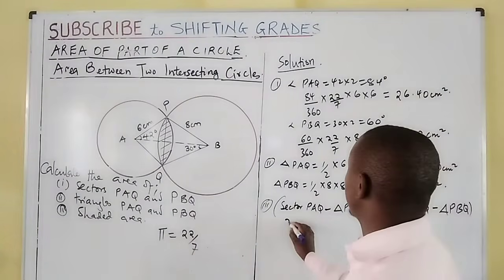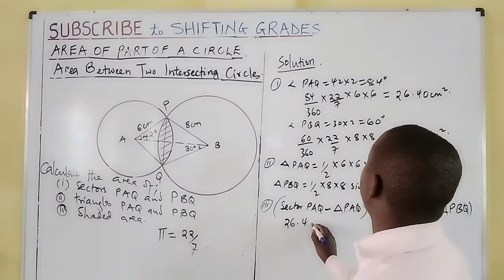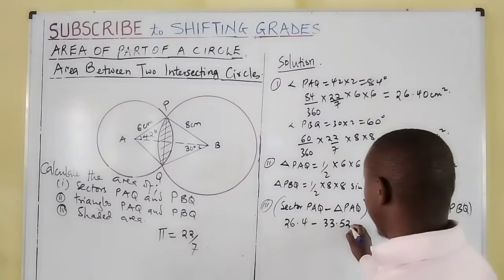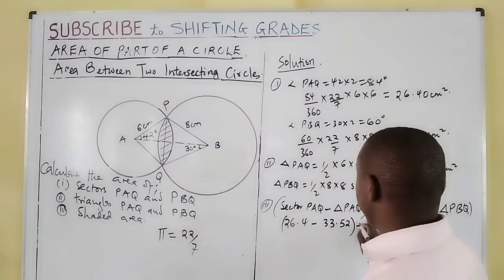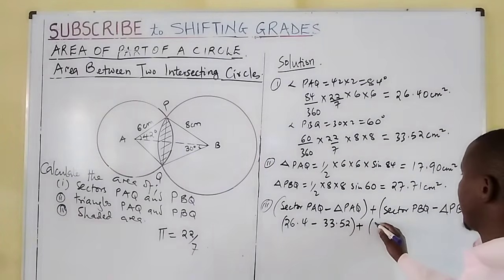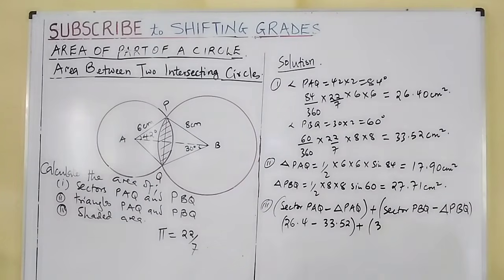Therefore, when we take 26.4 minus 33.52, we will get the first segment. Then we add, sorry, let me arrange the things well.